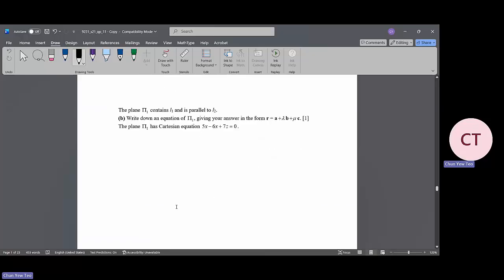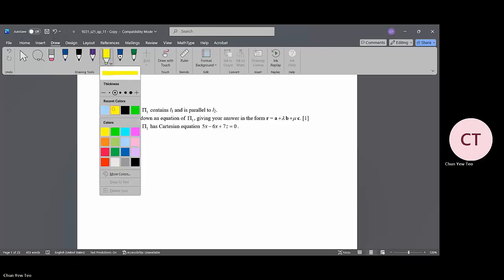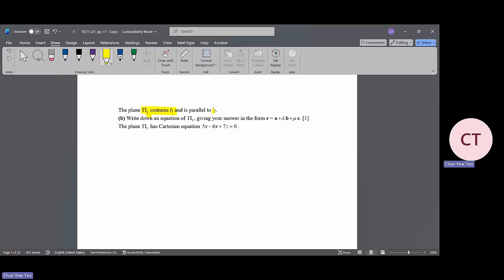Move on, we have 6b. We have a plane pi 1 containing L1 and parallel to L2. So we want to find the vector equation of pi 1.